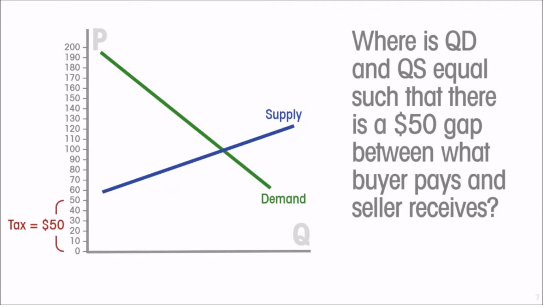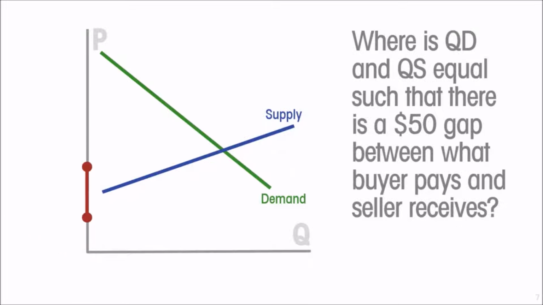So let's measure $50. There it is, because our vertical axis is a ruler of various prices. Take that amount and simply search for where the difference between the two curves is exactly $50. And there it is. That's the tax.